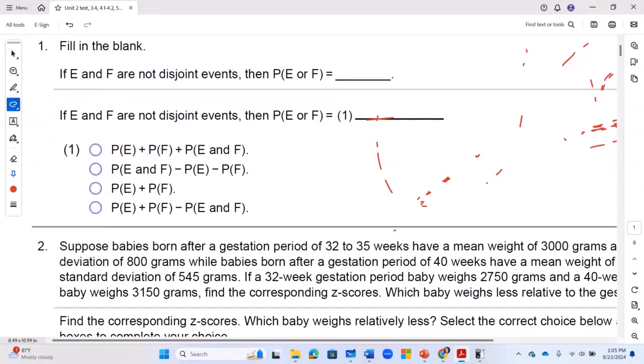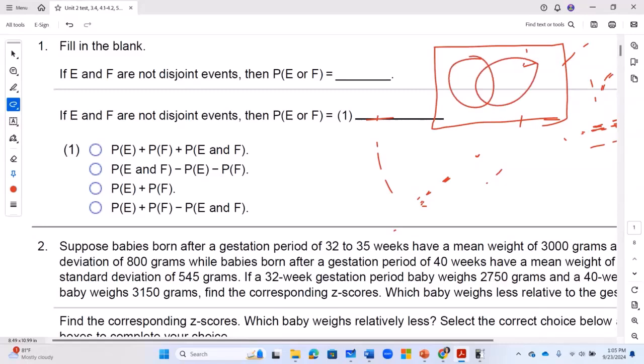It's always good to explain the probability with a diagram. You draw a Venn diagram. A picture tells 1,000 words, even more. So I'll call this one E, and I'll call this one F. And this shows the point of intersection.